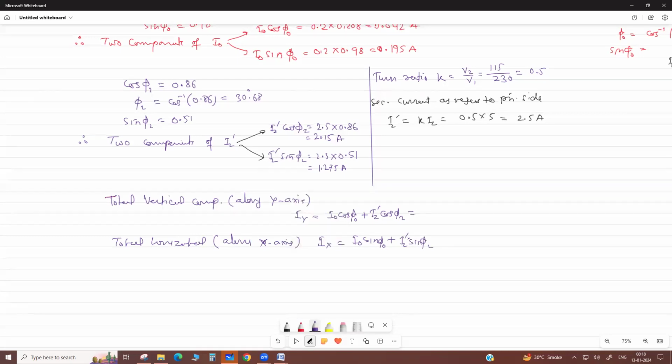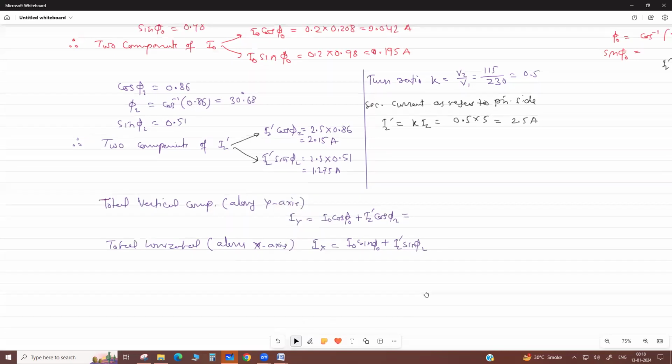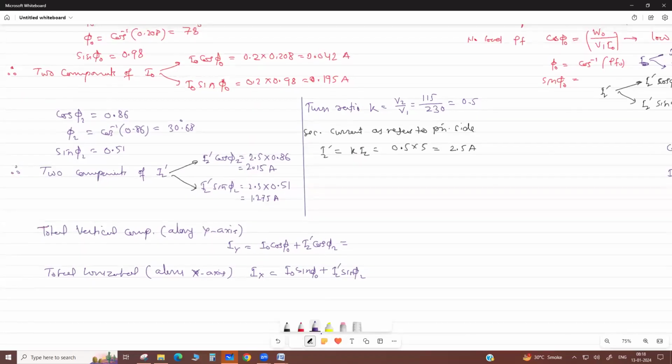Now write the values. What will this be? 0.042 had come, right? This is 0.042 plus 2.15. And this is 0.195 plus 1.275.